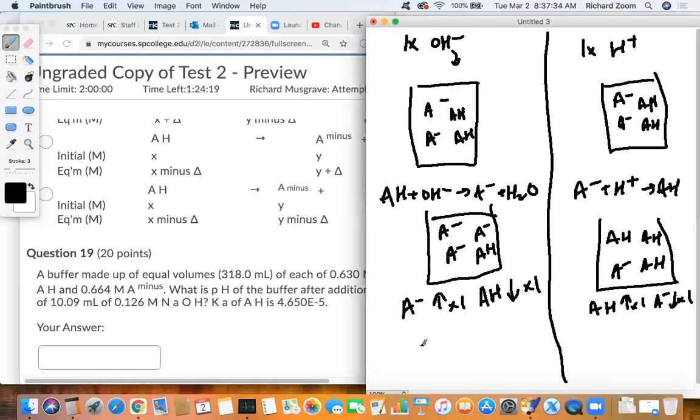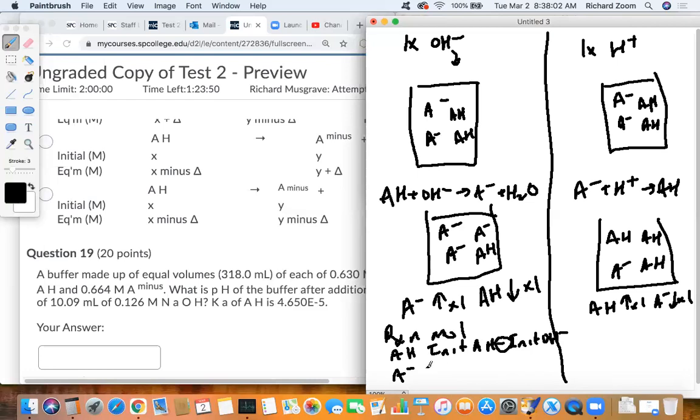So what happens here is that when we're looking at the reaction moles, for AH, it's going to be initial AH minus initial OH minus.